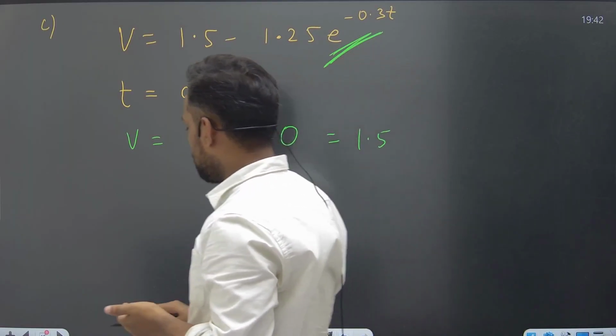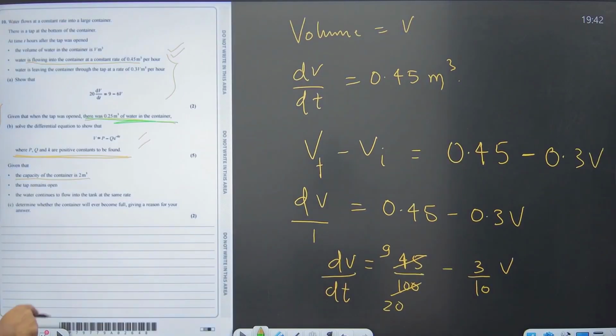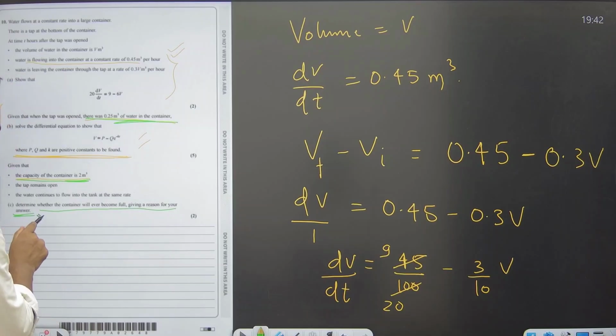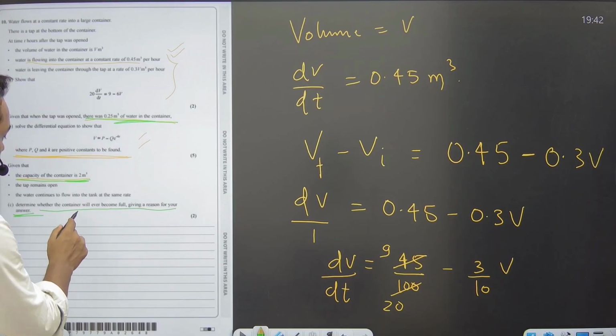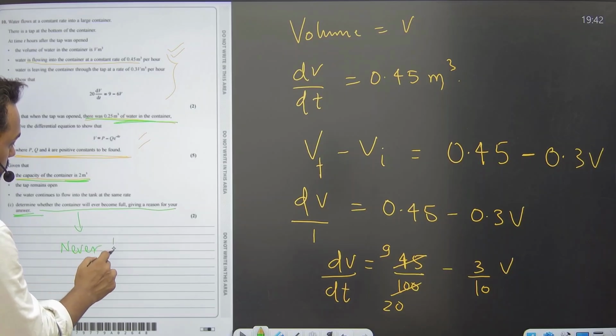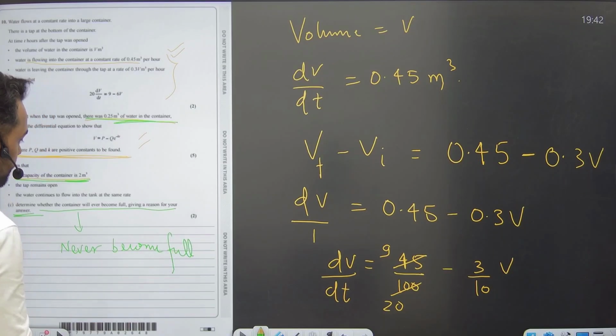In the question they have asked that the capacity of the container is 2 meter cube, determine whether the container will ever become full, giving a reason for your answer. So the container will never become full. Why is this so?